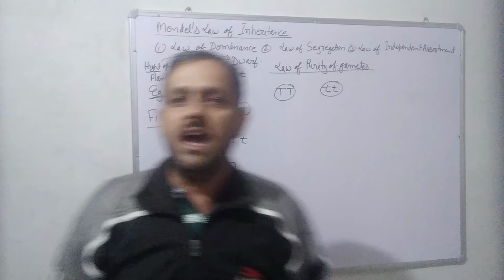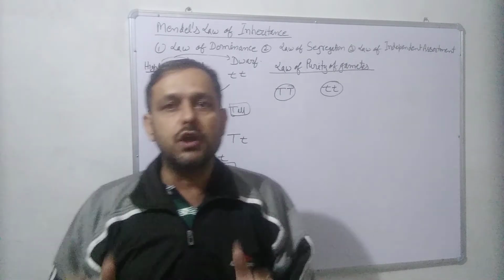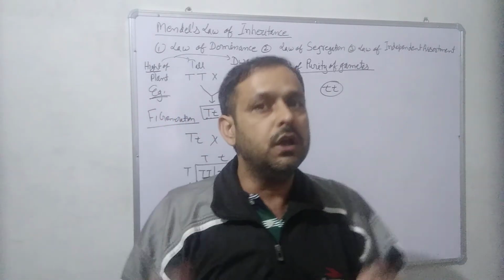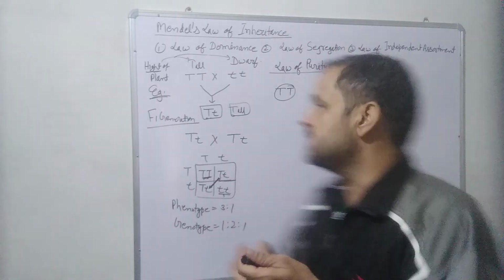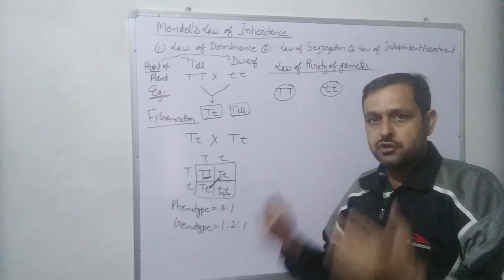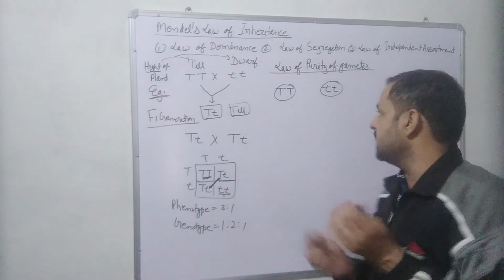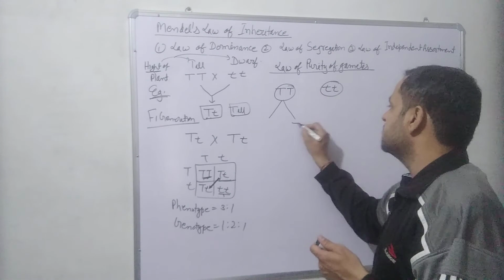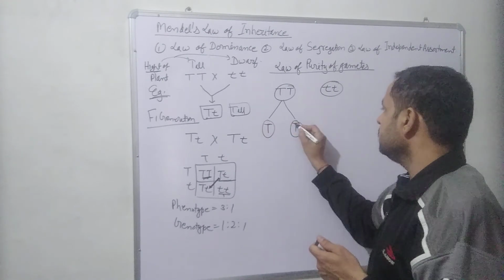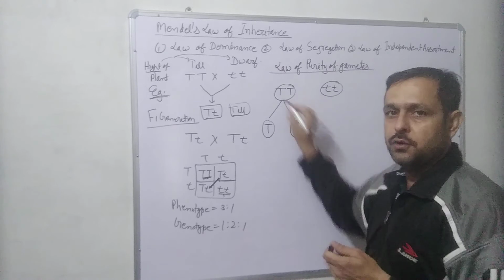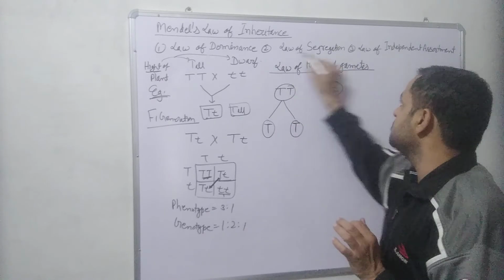And what is the law? The law is that before crossing these pairs segregate from each other. If we show the presentation of the law of segregation, then it is this presentation. क्रॉस करने से पहले क्या हो गए? ये सेपरेट हो गए, ठीक है. दिस इज द लॉ ऑफ सेग्रीगेशन.